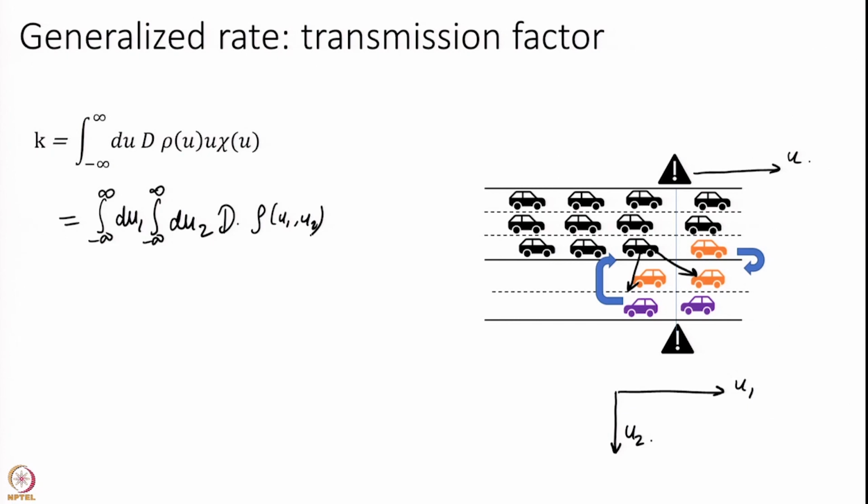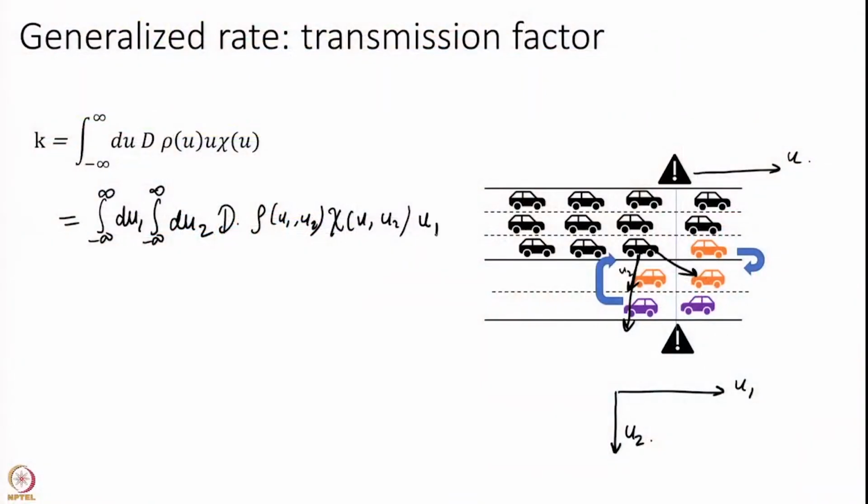So, there is some density of u1 comma u2, chi of u1 comma u2, chi will also depend on both. For example, a car which has a large u2 component, well, it is quite possible that it is going to turn around, right. If it is anyway going in this way, perhaps it might turn around compared to a car with 0 u2 component.